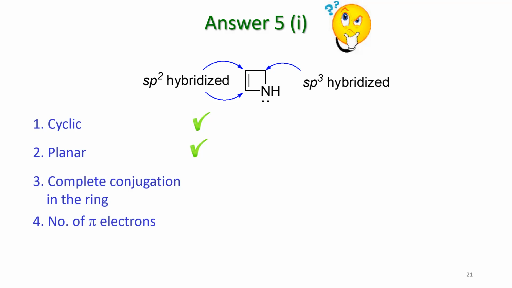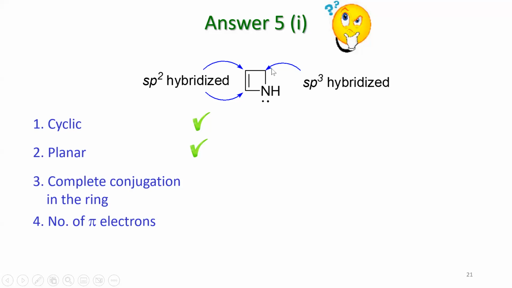Because there is a lone pair of electrons outside. Yes, that can be considered as an electron system, 2 electrons contributing to the system, because this lone pair is non-bonded. So that can be conjugated with this double bond, 2 free electrons.